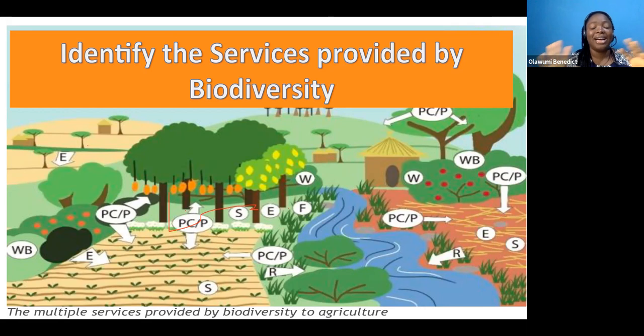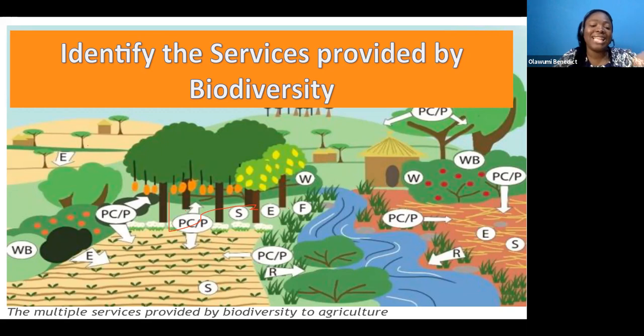All these are the ecosystem that this farm is thriving in. And we can see different things operating inside this ecosystem. If we look at it deeply, we will be able to see life in this kind of ecosystem because it's rich.